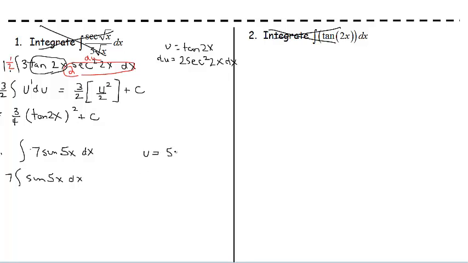So u is the inside function on sine, which is 5x. Let's bring in a 5 and pull out a 1/5. So 5 needs to go here and a 1/5 out here. And take it all the way to the u integral. 7/5 sine of, this is all u, and this is your du.